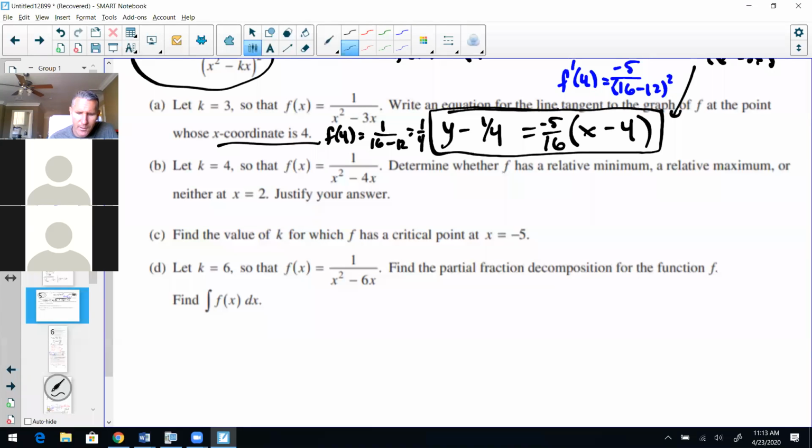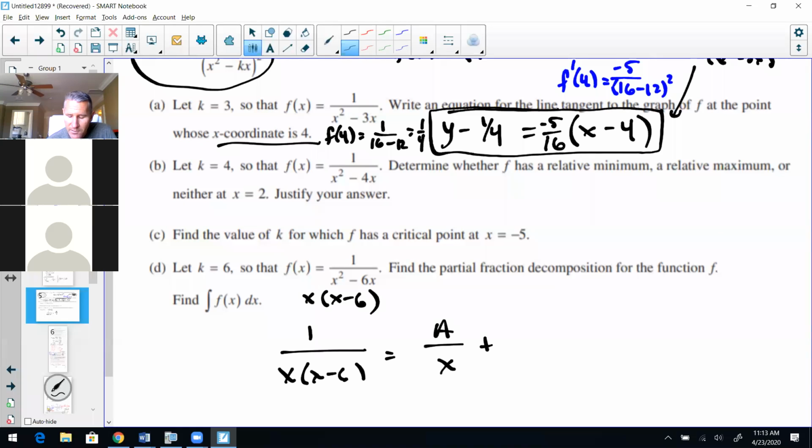Really we start with 1 over x times quantity x minus 6, right? That's the denominator. So this is 1 over x times x minus 6 equals a over x plus b over x minus 6. So this is the partial fraction decomposition, which is what they asked for.